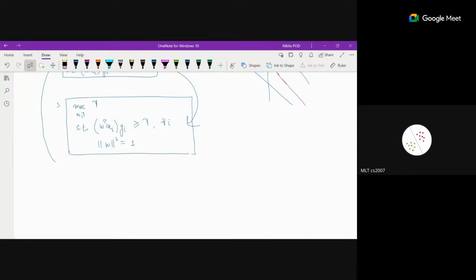Next, what we are going to see is that maximizing this gamma would, in a way, be equivalent to maximizing the width. And what is this width?